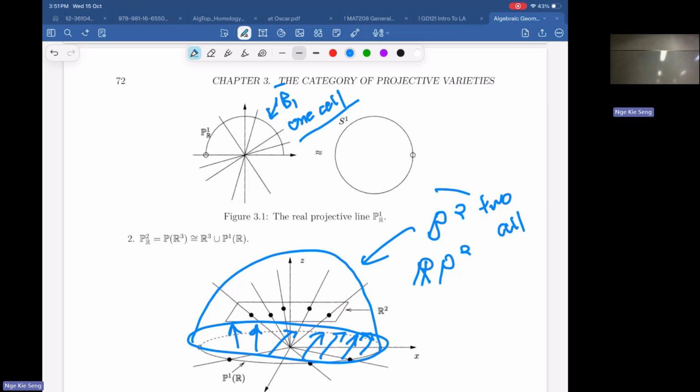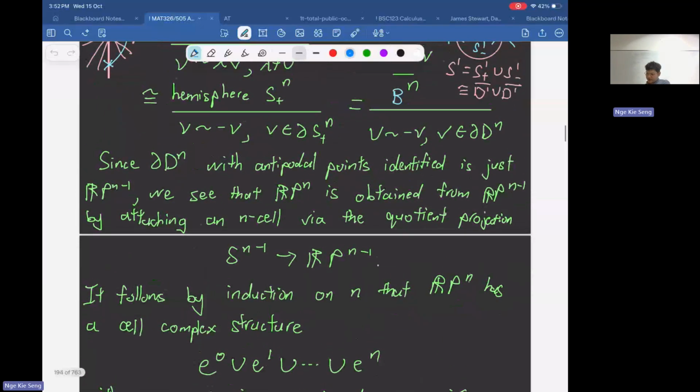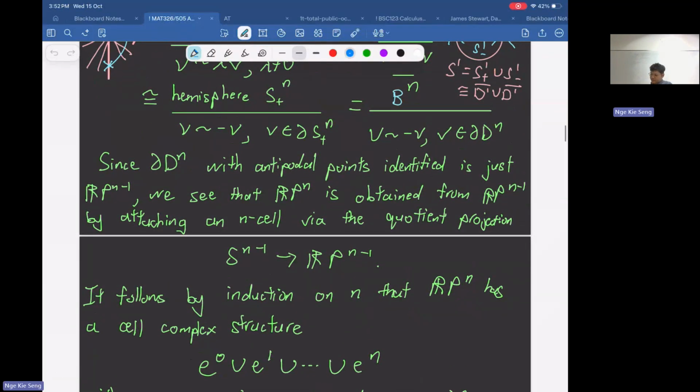Those on the boundary get identified. If you are not on the boundary, you stay as yourself. A question? So if we have this, what do we have? We see that there's some CW complex structure here.